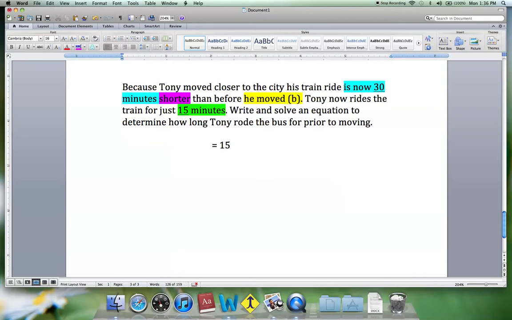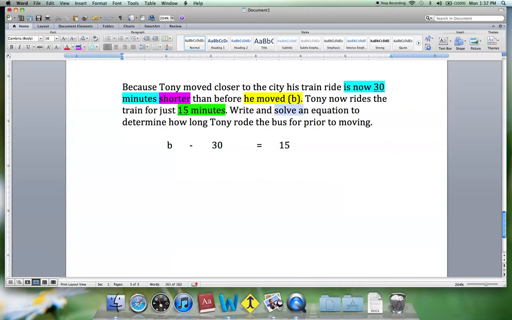So we're subtracting 30 minutes from his original time before he moved. So we should have B minus 30 is equal to 15, because here's before he moved. We don't know what that was, but his train ride is 30 minutes shorter, so subtract 30, and he now rides the bus for a total of 15 minutes.